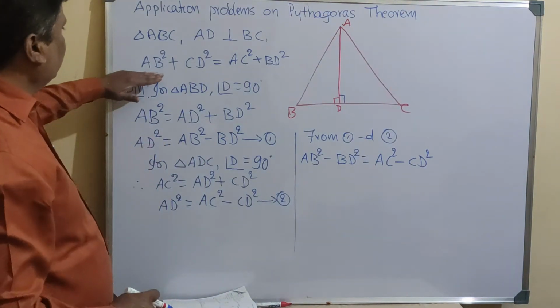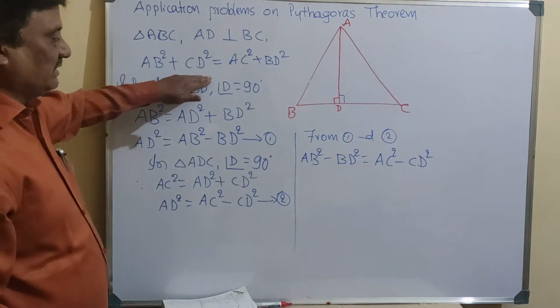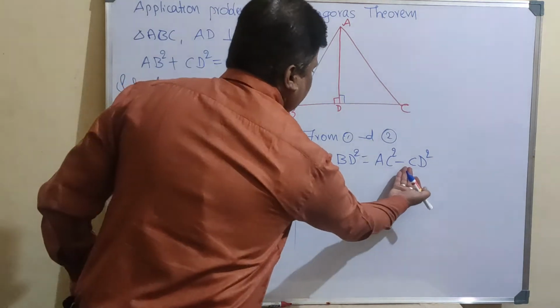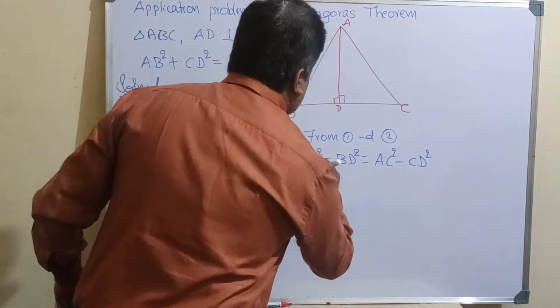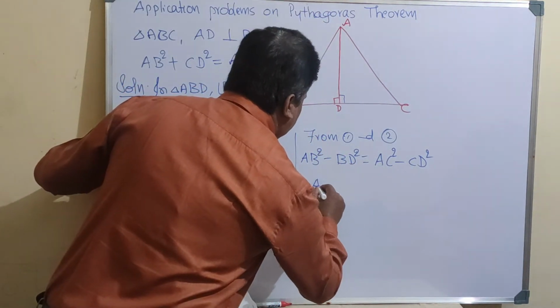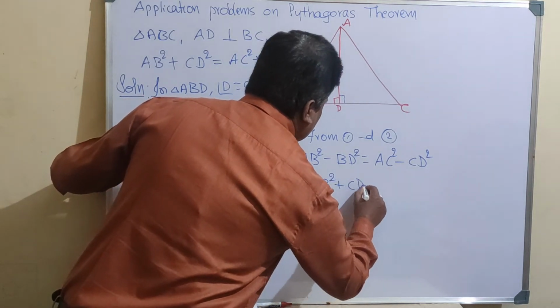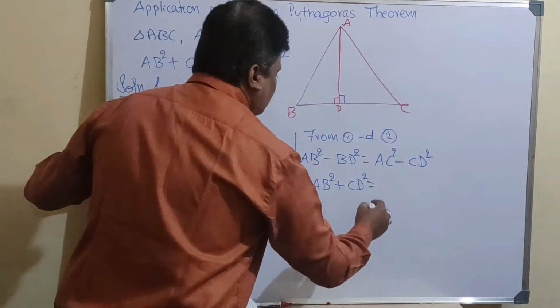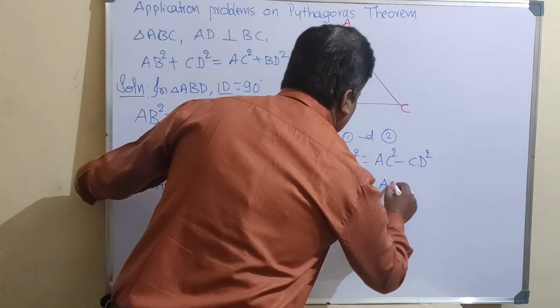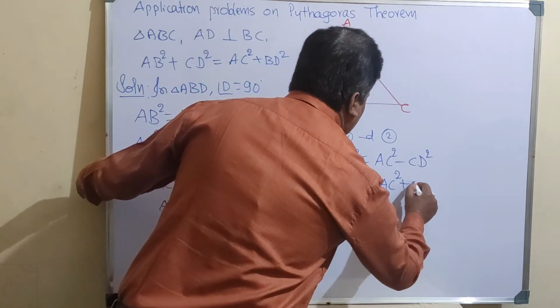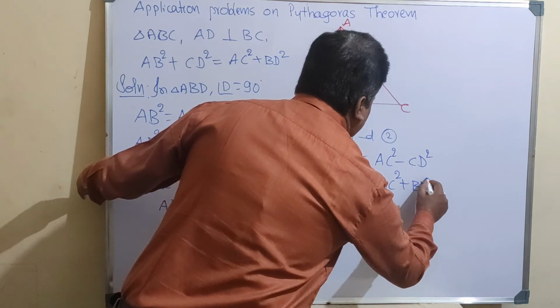Now the result we want is AB square plus CD square, but here we got minus CD square. Let us transpose this to this side. Then we will get AB square plus CD square is equal to AC square plus BD square.